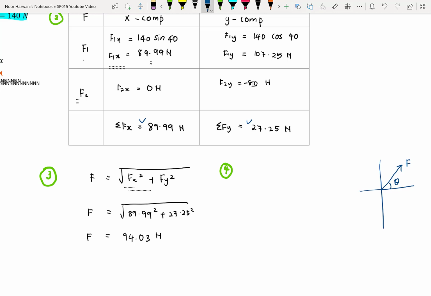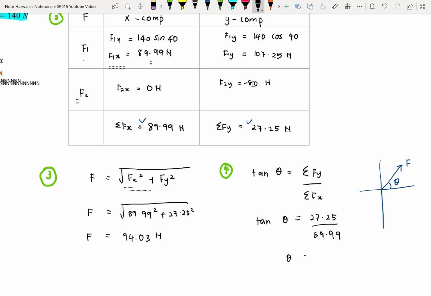Okay, so this would be your F resultant ataupun resultant force you. Okay, so kita nak cari dia punya nilai lah, angle dia berapa. So tan theta is equals to summations of Fy per summations of Fx. Okay, and then tan theta is equals to Fy, you have 27.25, you divide with 89.99.